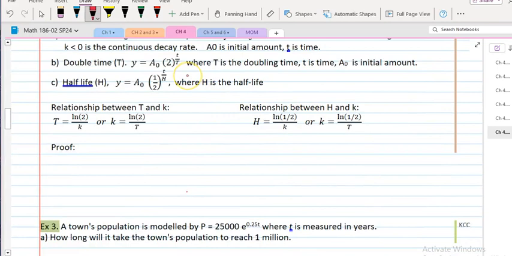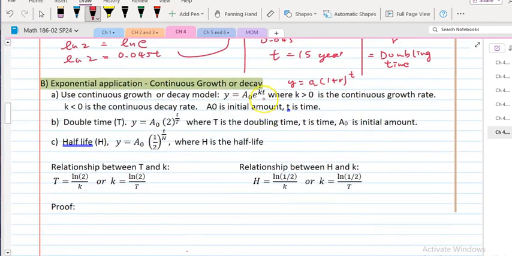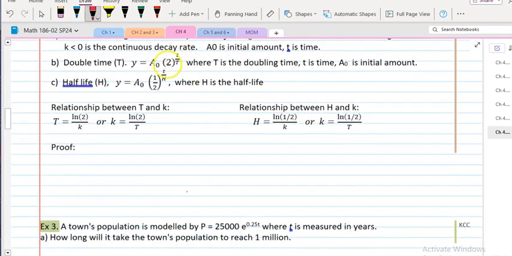In layman's terms, people do not want to know about k or the rate. They want to know about doubling time or half-life. So we can also write a model to find the amount after t years, or t units of time.